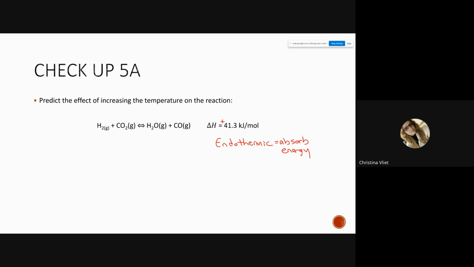So how we analyze that is we would write T on which side of the reaction? The reactant side, like it was any reactant or product. We're just going to add the letter T here. Energy plus hydrogen plus carbon dioxide makes steam and carbon monoxide.